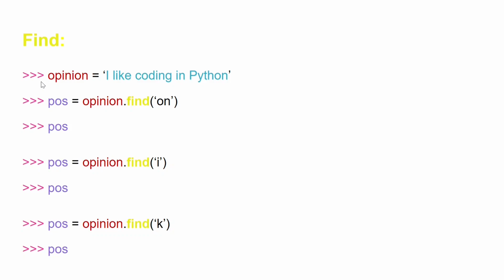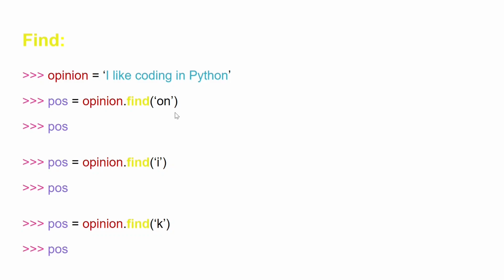Okay, so now we are going to practice using the find function. So we are going to be using the same variable, opinion, and the same string, "I like coding in Python". So we make a new variable called pos and assign it to my variable's name, opinion, and then we type .find and then open parentheses. Instead of leaving it empty, this time we type a specific string that is inside the original string, opinion.